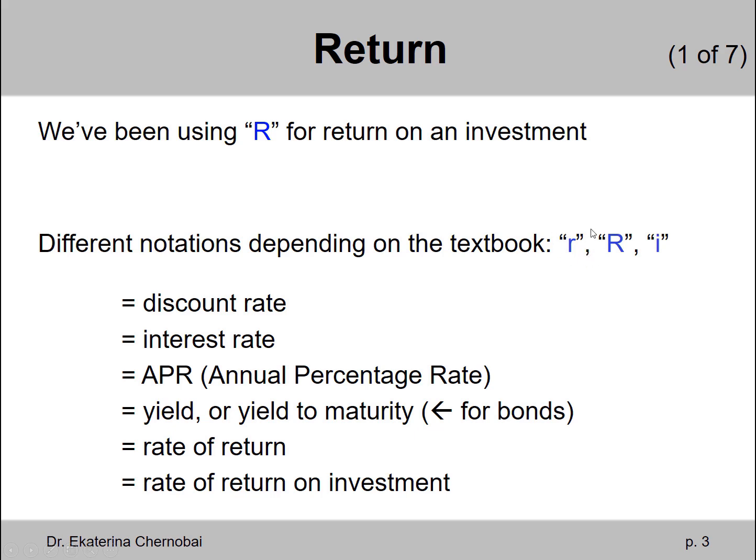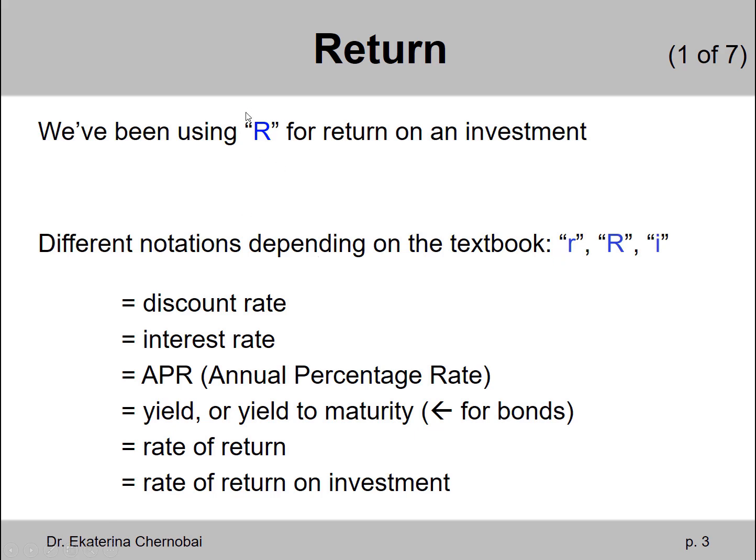So it could be not just capital R, it could be lowercase r, which stands for return. It could be lowercase i, which is also very common. I stands for investment or interest rate, actually. So, it's not always capital R like in our textbook. It could be other notations, but lowercase r, capital R, and lowercase i are the most commonly used notations to indicate the return on an investment.